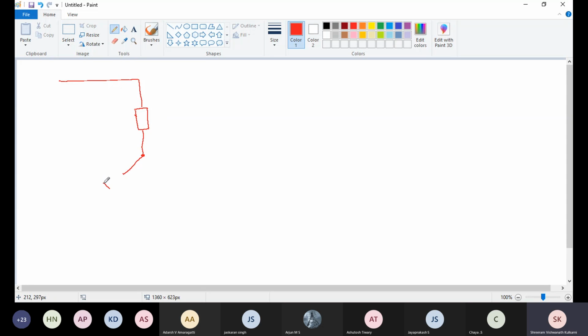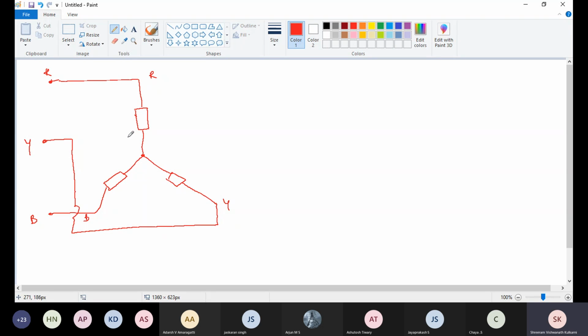I'll consider one star connected unbalanced load. This is R, this is Y, this is B, RYB.